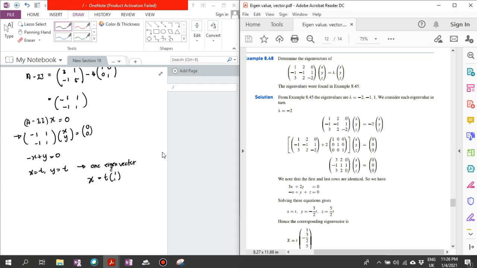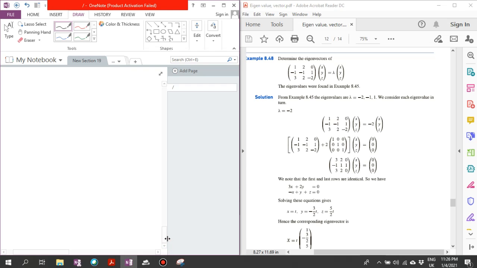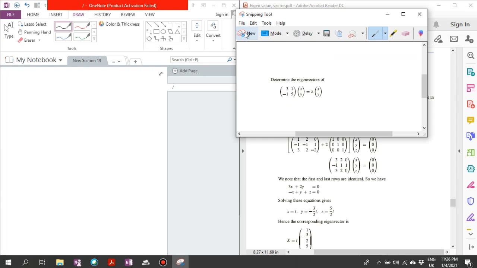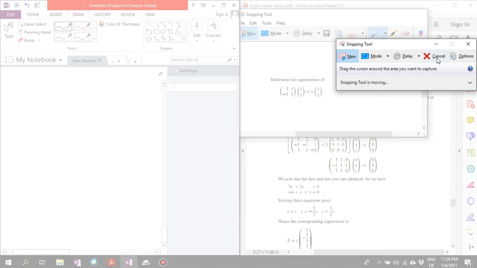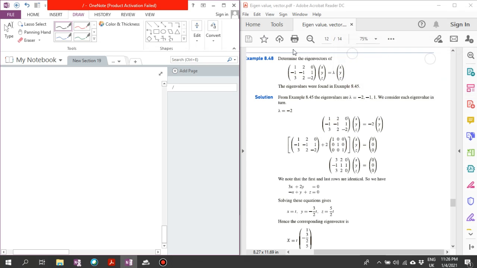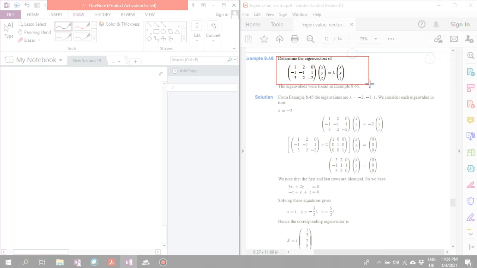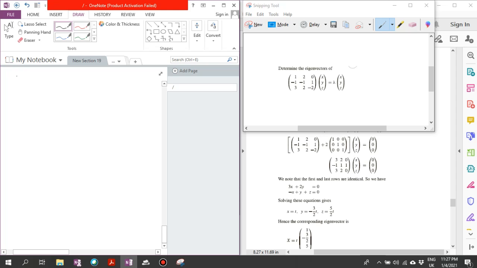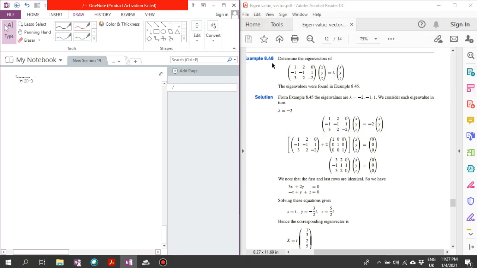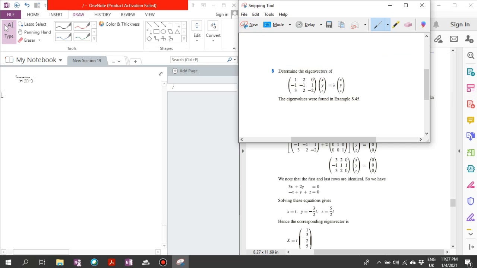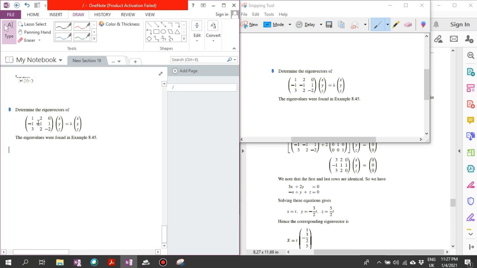Now what happens if we have a 3 by 3 matrix, with this type of equation? Determine the eigenvector of this 3 by 3 matrix.